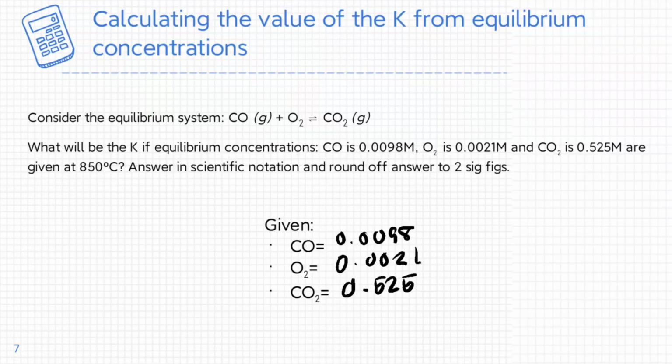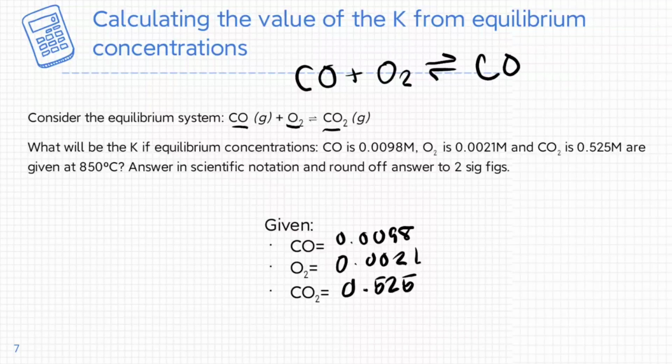Okay, again, first things first, we need to assess if the equation is balanced. So, CO plus O2 gives CO2. It is not balanced. We have an extra oxygen on one side. So what do we do? Put a 2 here, so you now have two carbons and 4 oxygens. You just add the coefficients.